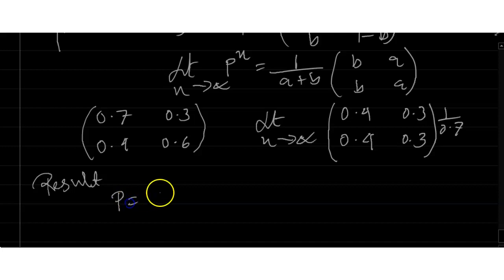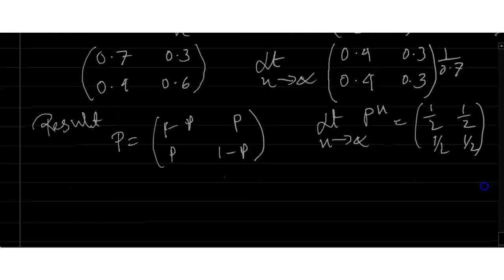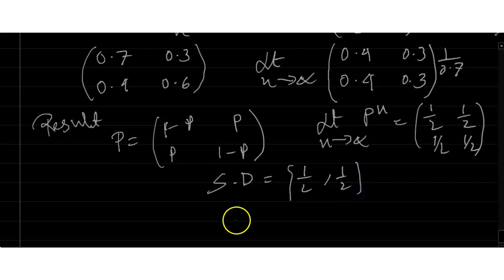P equals to 1 minus p, p; p, 1 minus p, and limit n tends to infinity P to the power n equals to 1 by 2, 1 by 2, 1 by 2, 1 by 2. So SD equals to 1 by 2, 1 by 2, and limit n tends to infinity P_11^n equals to half.